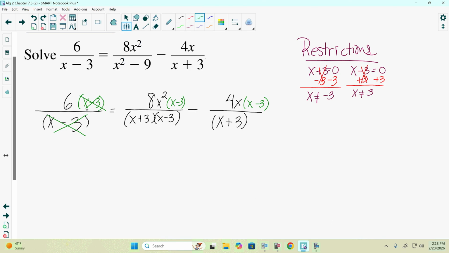Our middle expression, the x minus 3 and x minus 3 would reduce. And in the far right rational expression, nothing's going to reduce because we have x minus 3 over x plus 3. But that also tells me that I do need an x plus 3.